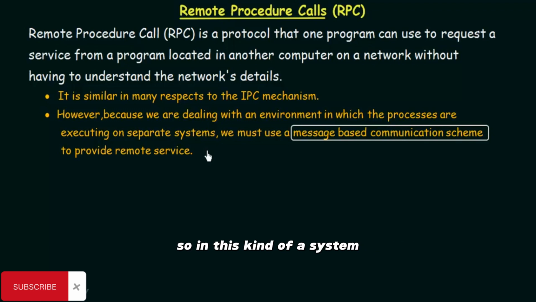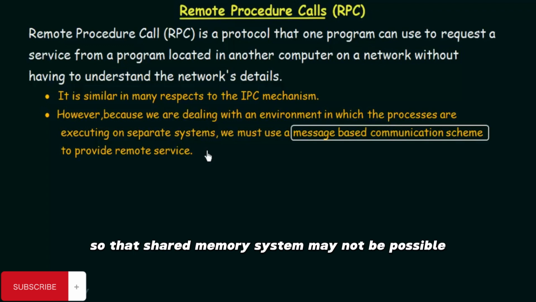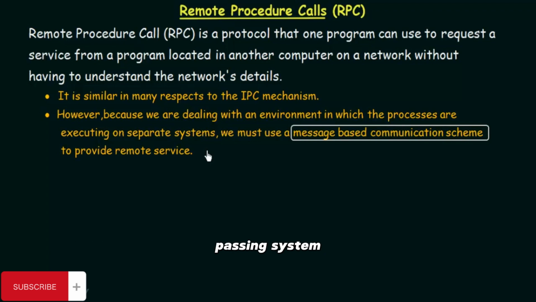In this kind of system, it may not be possible to have a shared region of memory, so the shared memory system may not be possible. So we have to use the other kind of communication scheme that we have studied, the message passing system. So in RPC, we will be using a message-based communication scheme.